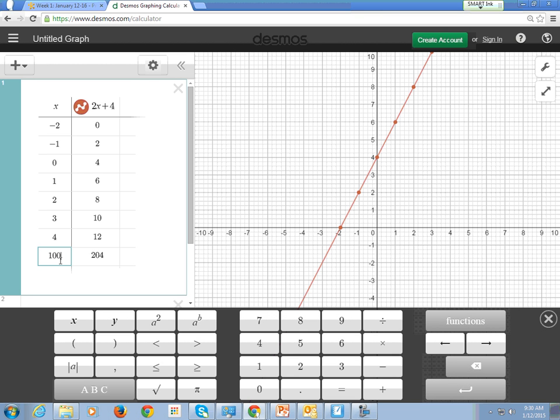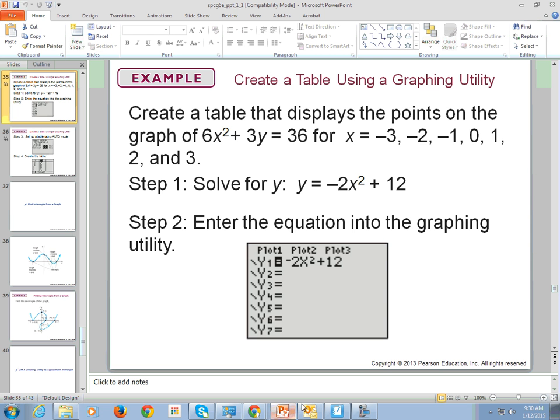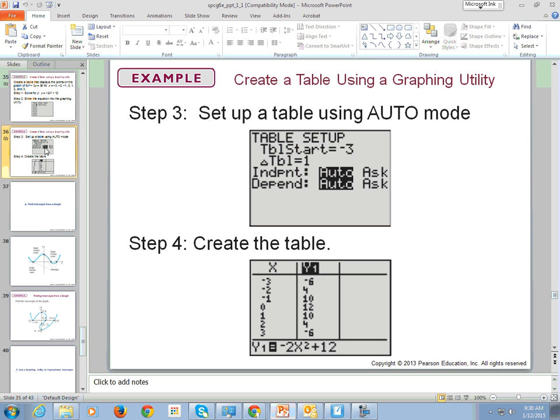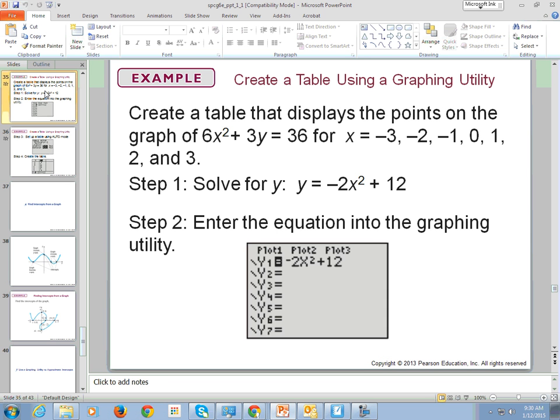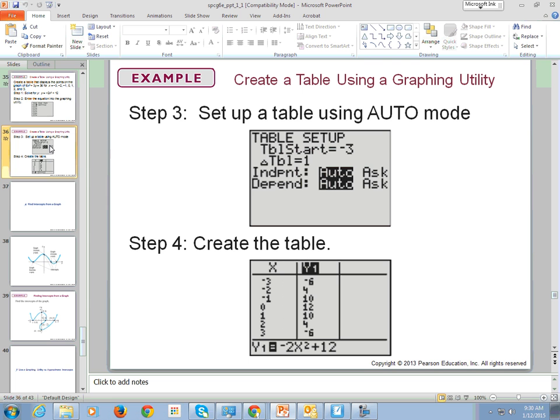Pretty nice, huh? A little different than the graphing calculator, but we'll forgive the graphing calculator. It knows not what it does. So you can do the same thing using the table functions on your calculator. You input the equation, you go to table setup, and then you can look at your table. It's at the top little line on your calc.